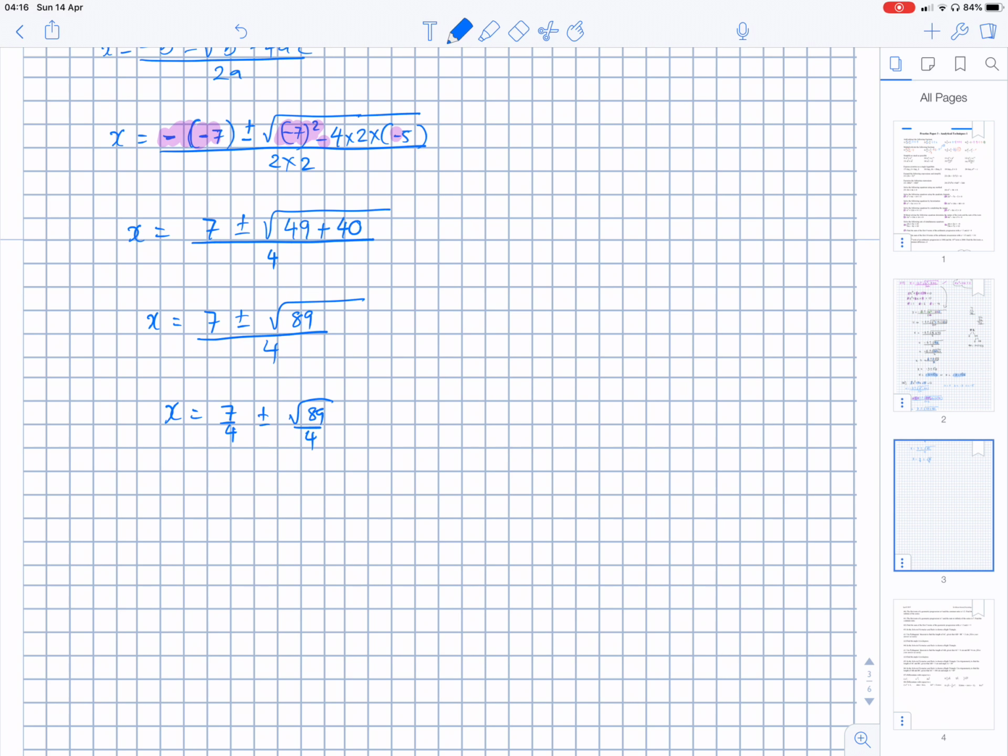Okay, if you want, you can put the 4 into the square root, so square root of 89 divided by 4 can become square root of 89 over 16. But you don't have to change it at this point, so you can just say x equals 7 over 4 plus square root of 89 over 4, or x equals 7 over 4 minus square root of 89 over 4. So these are the two values for x.